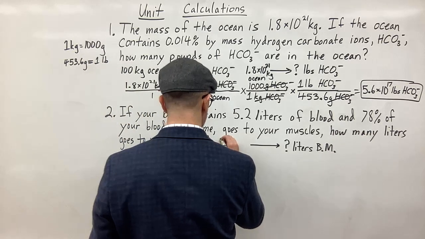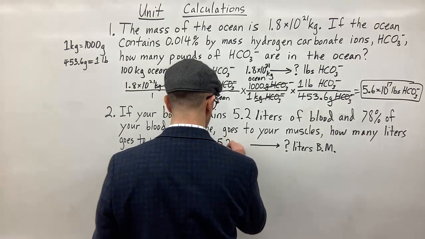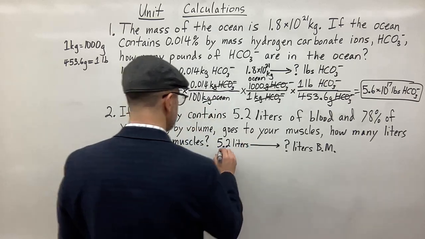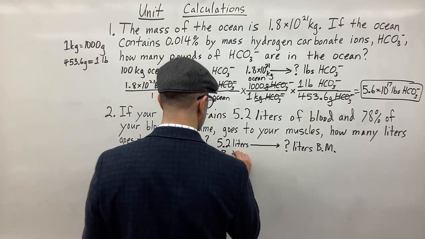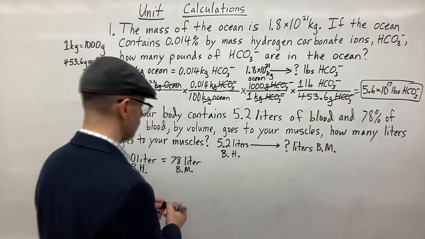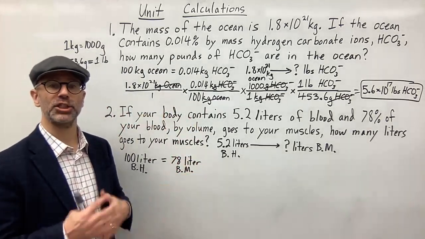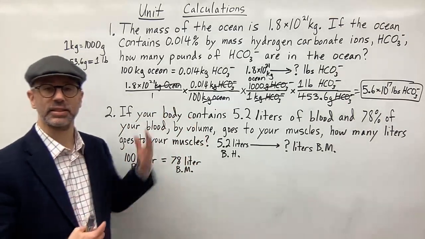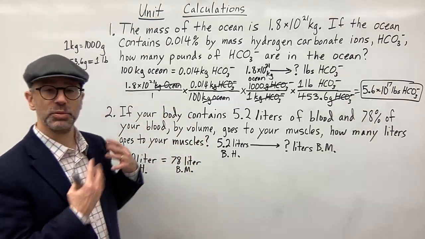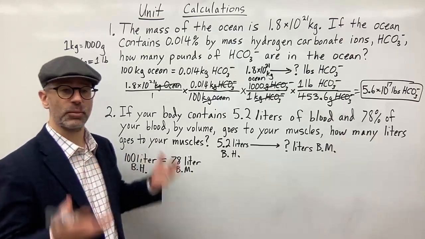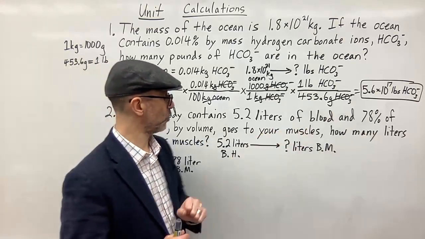So 5.2 liters, and we'll say blood through the heart. I know in this problem they don't mention blood being pumped to the heart, but basically that's what's going on. Not all of it is going to your muscles, but some of it, 78%, is going to your muscles.